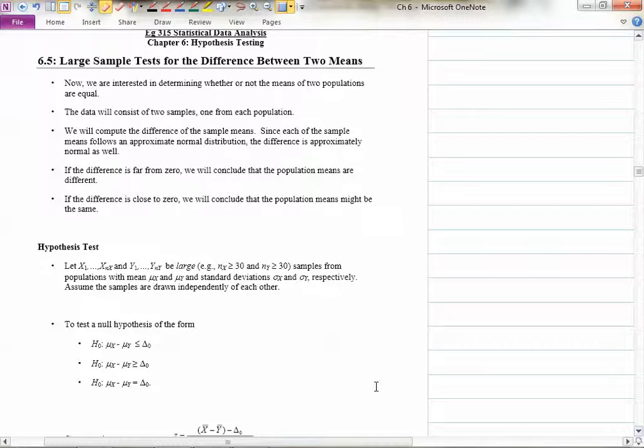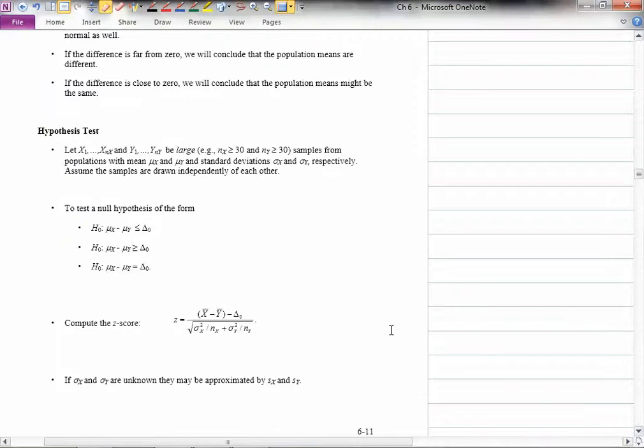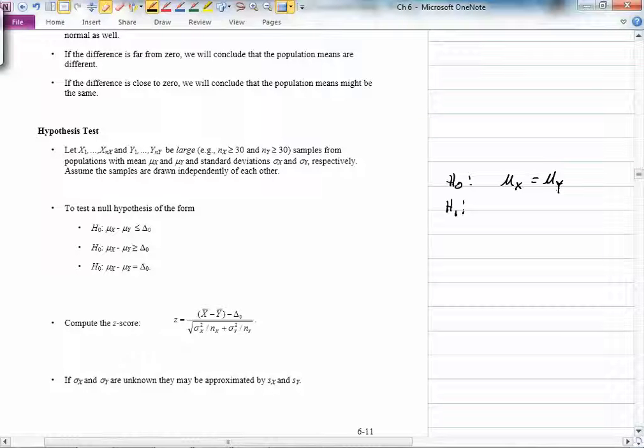So we're going to do the same steps. We're going to have a null hypothesis and an alternative hypothesis. Our null hypothesis is generally going to be that mu of x is the same as mu of y. And the alternative could be one-sided or two-sided. If it's two-sided, we'd say it's not equal to y.